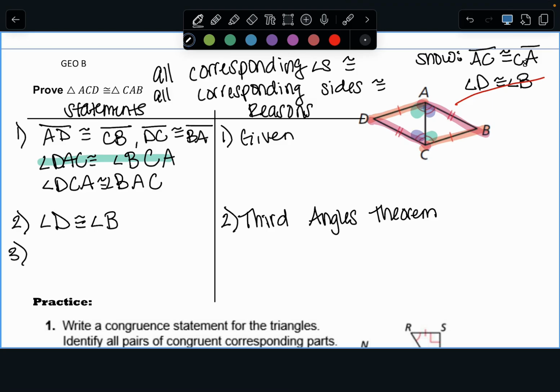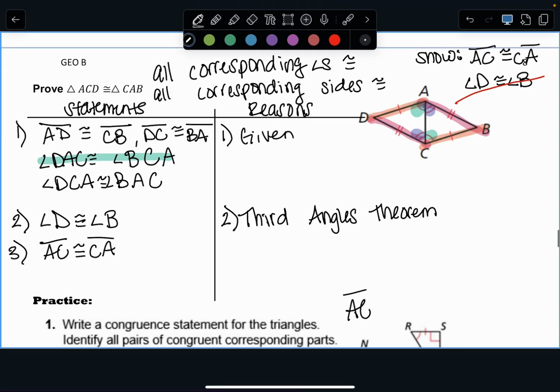So step 3, I'm going to just write this down, and we're going to have to explain why it works. How many questions are going to be like this on the test? Proof-wise, 1. Okay. AC is congruent to CA. What's another name for CA? AC. So what I'm really saying here is AC is congruent to AC.